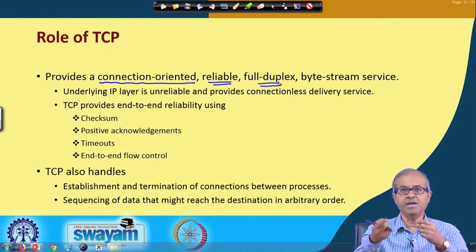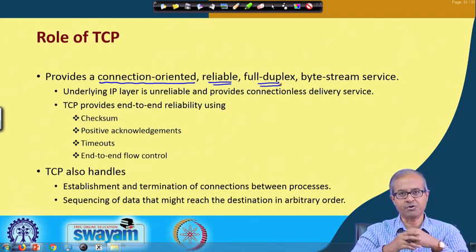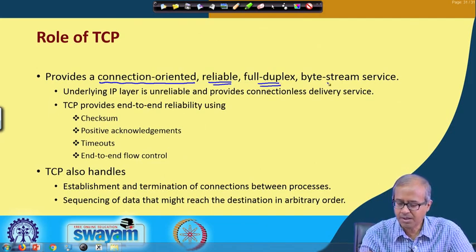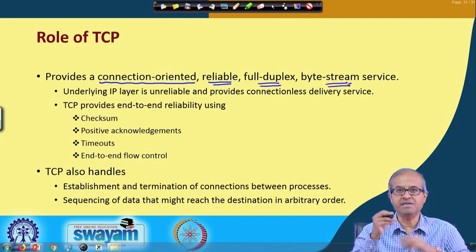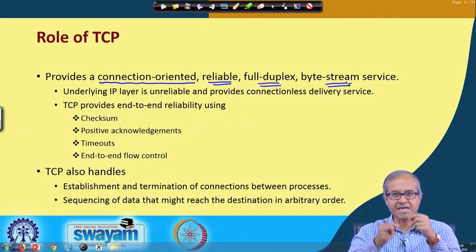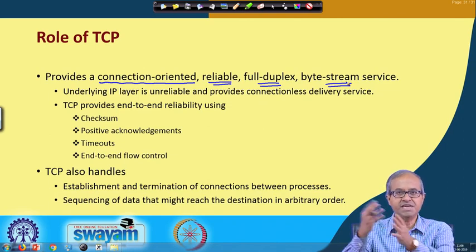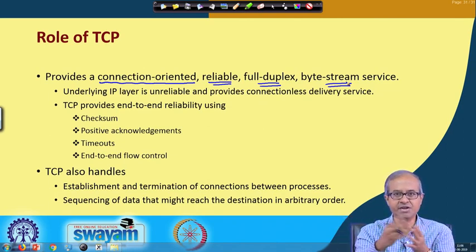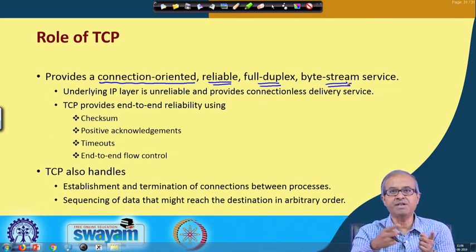A can send to B, B is also sending some data back to A. So, it is not a one-way communication. Byte stream service means whenever some message is being transmitted, both the sender and receiver keep track of how much data have been sent and how much data is yet to be sent in terms of the number of bytes.